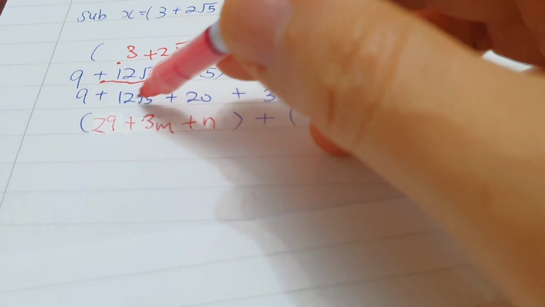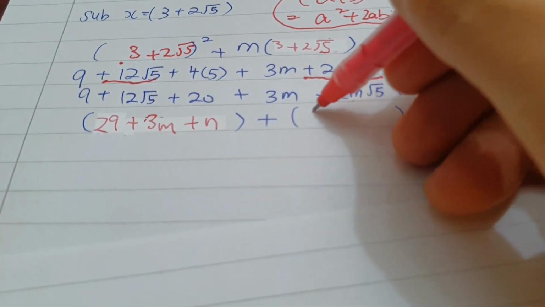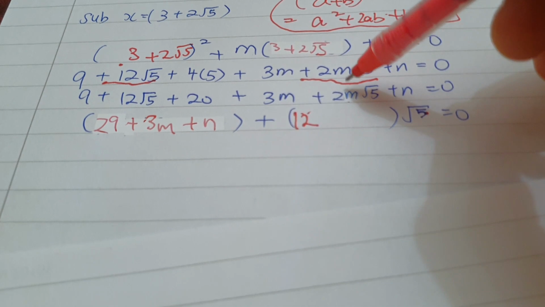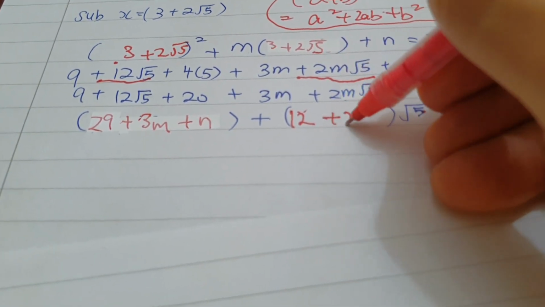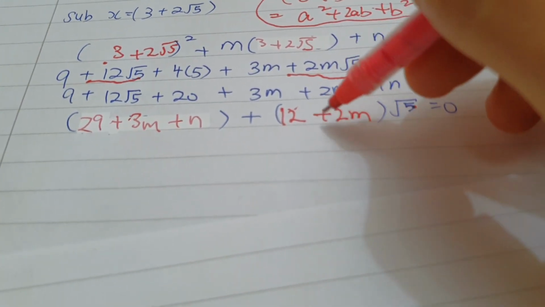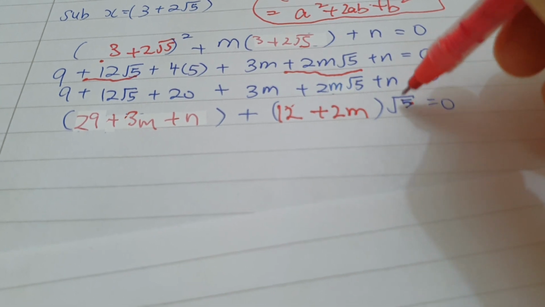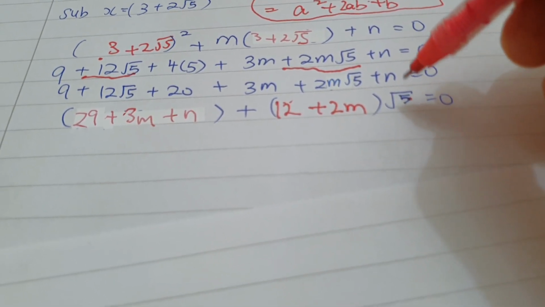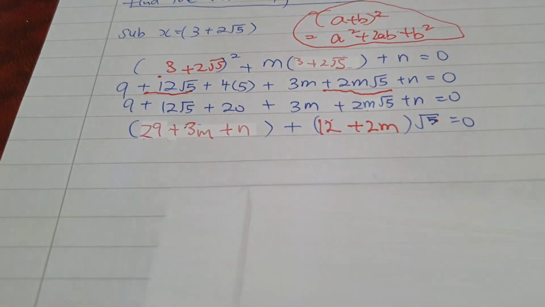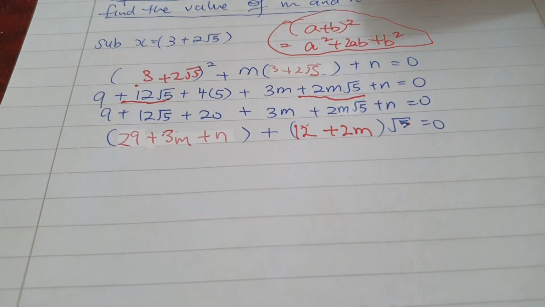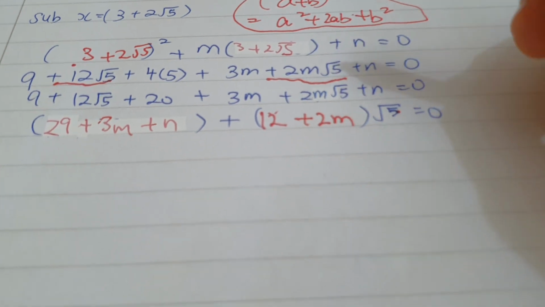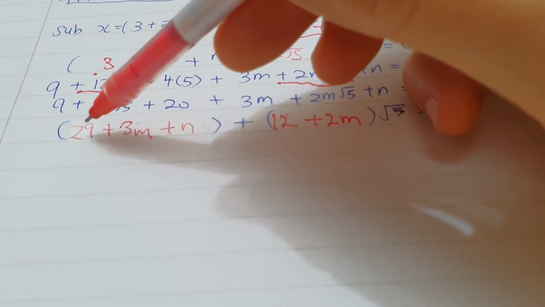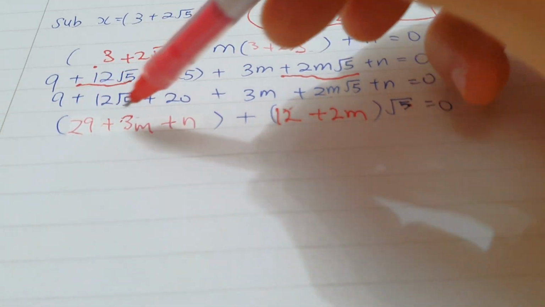And for the surds, I have 12 square root 5 and 2m square root 5. So I'm just going to take out the common term, which is square root 5. Okay, now what do I do after this? You have to now understand that this has more or less become like an identity.